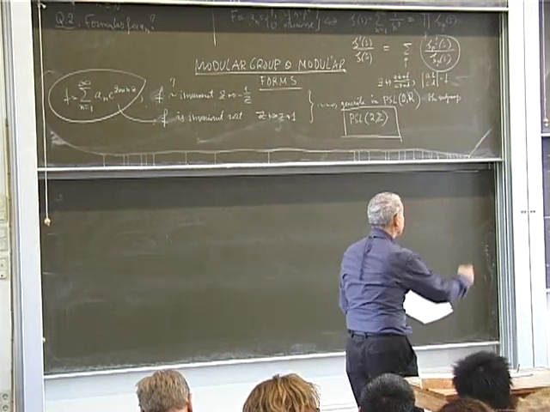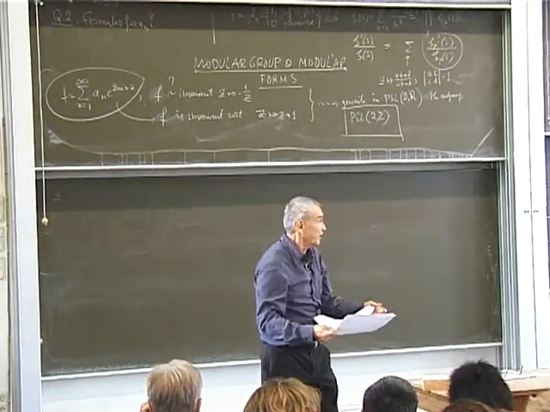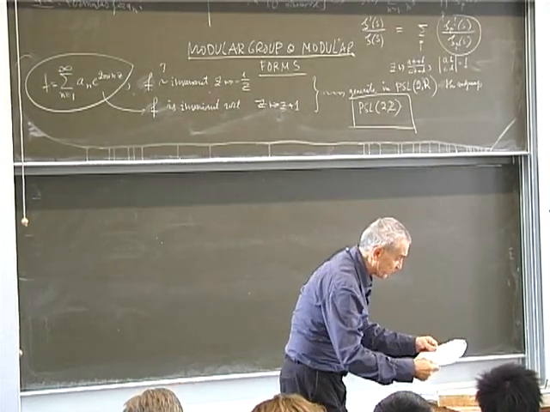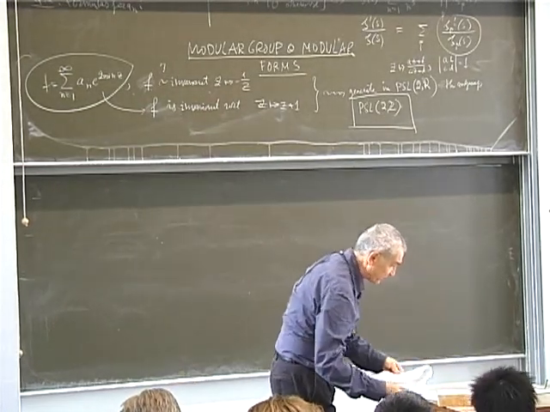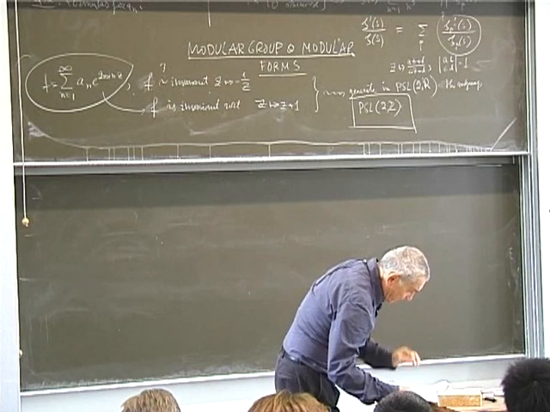Consider integrals of more general type, which was motivated by more general invariance property that simply z goes to -1 over z.